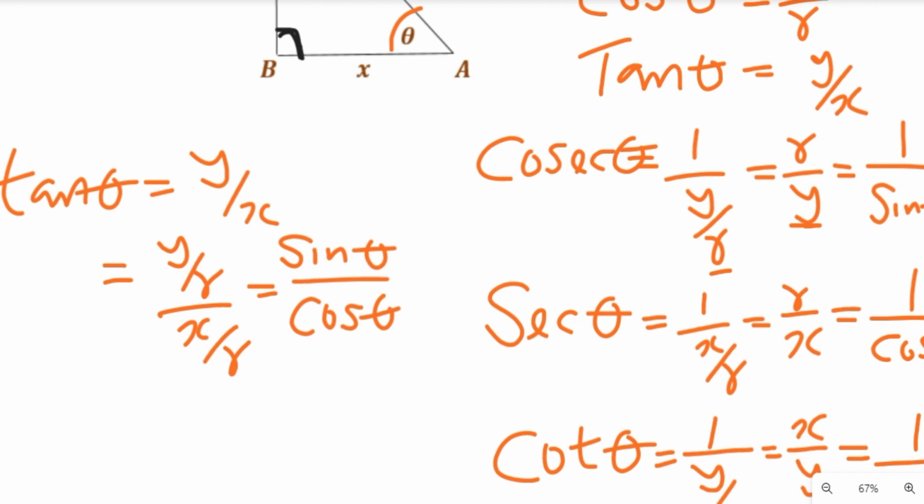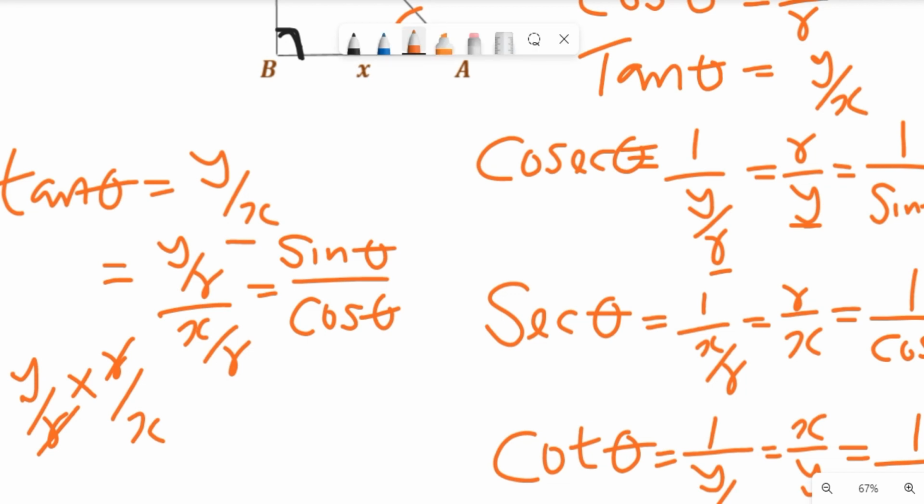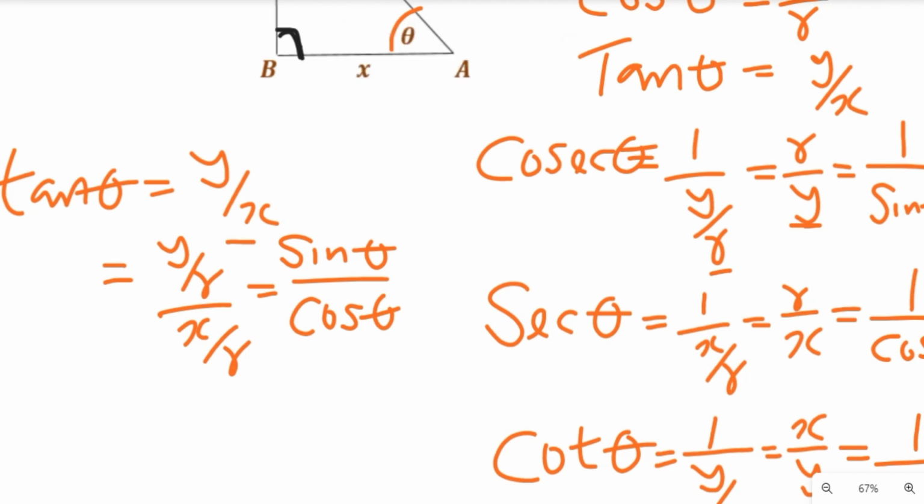Now let's bring these two values here. When we have y divided by r multiplied by r divided by x, you find out that r will cancel r, and then we'll have y divided by x, which is exactly this. So that shows us that tan theta can be equal to sine theta divided by cos theta.